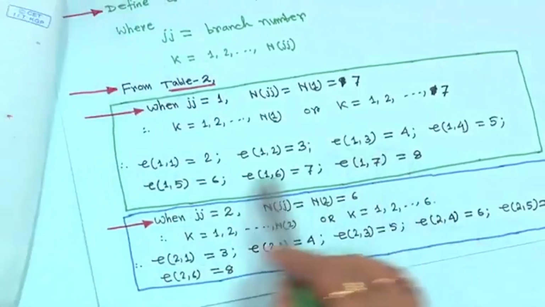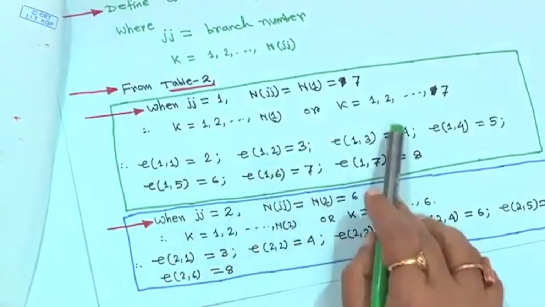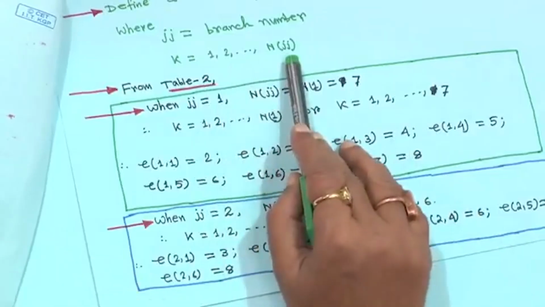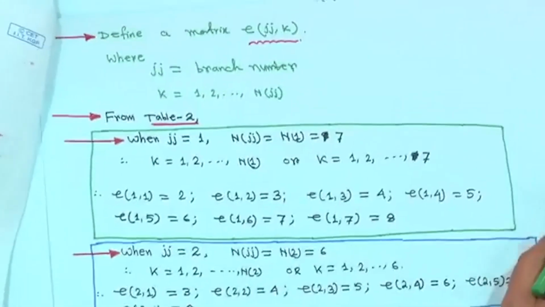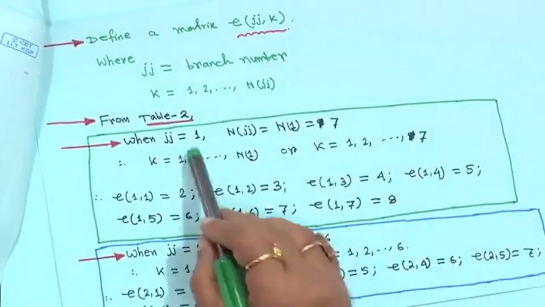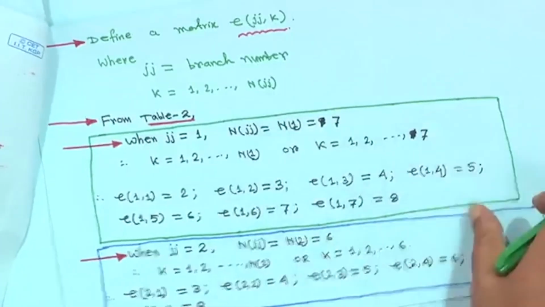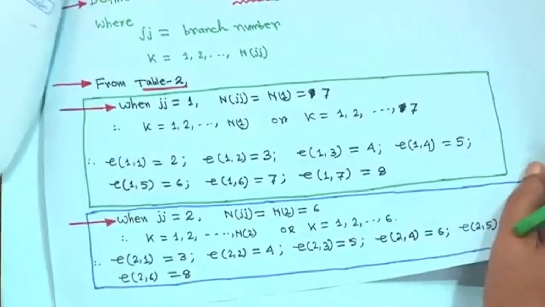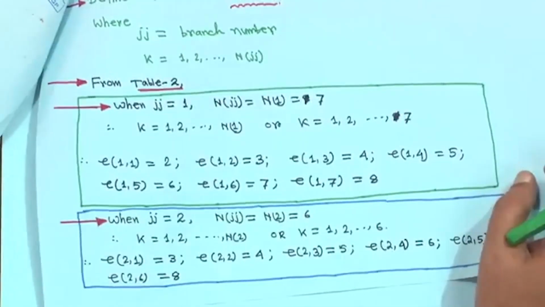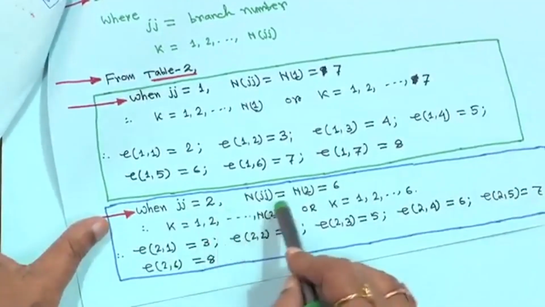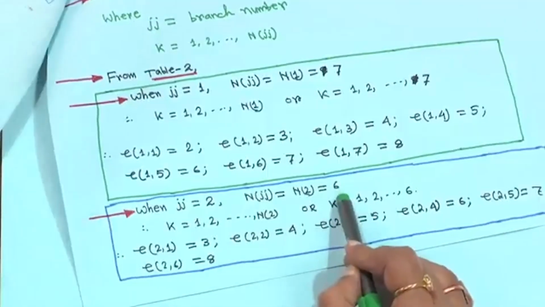So, this is E11, E12 up to E17, because k is varying from 1 up to nj, and jj you are changing. For jj equal to 1, these are the data you have to read in the computer. Rather than an identification algorithm, you will find this quite easier. When jj is equal to 2, njj is n2, which is 6.